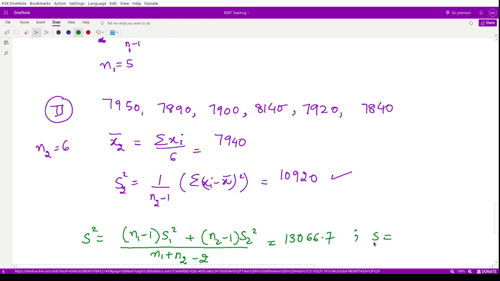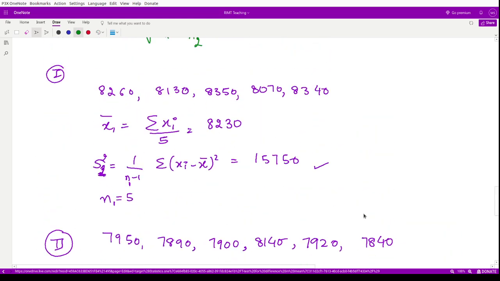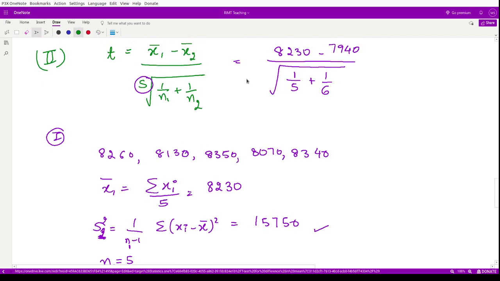When you take the square root of this quantity, you have 114.31. So this is the value that we require in our formula. So 114.31 would come up here in place of S. When you solve this, you have the value 4.19. So this is your calculated value of t.